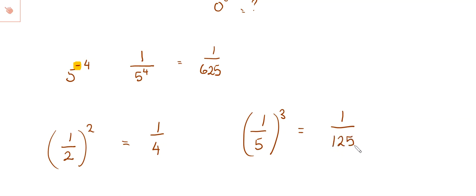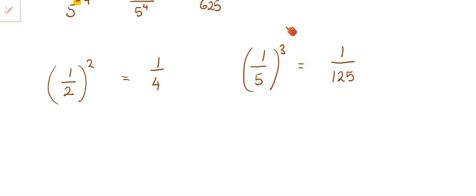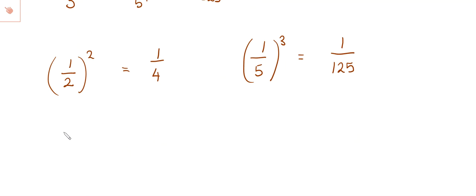Yeah, it's 1/5 divided by 1. What is 1 times 4?